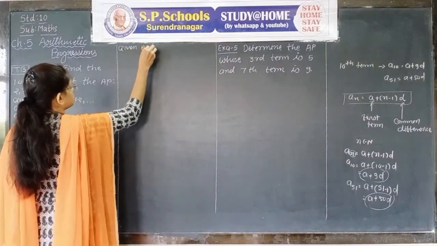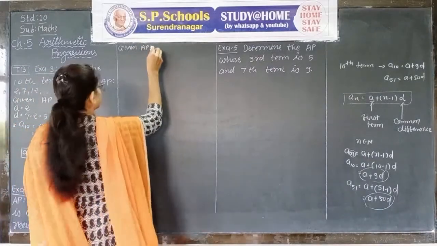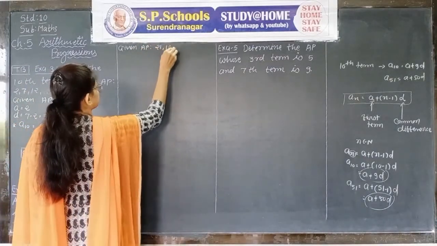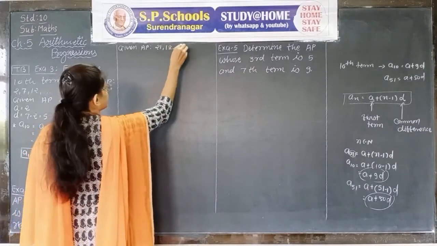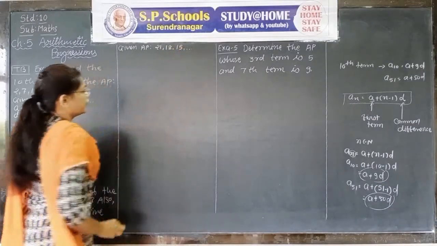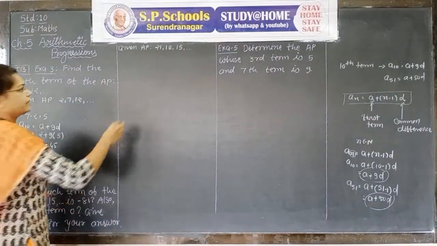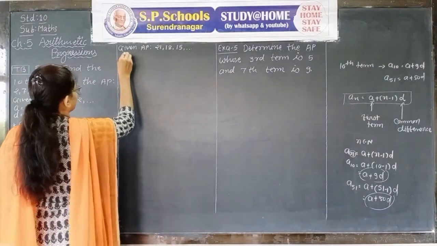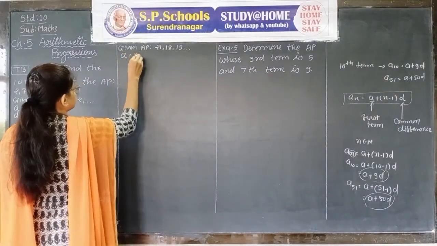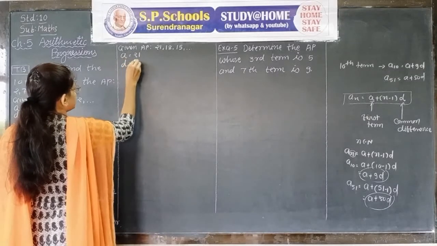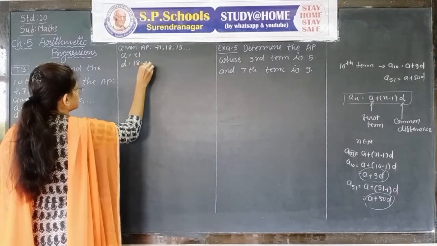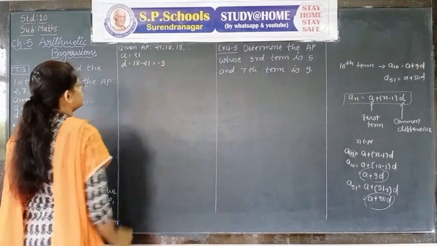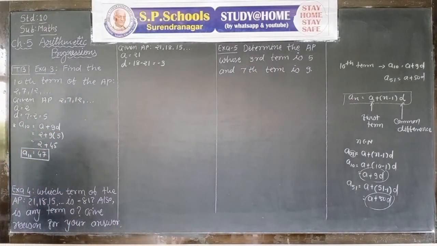Given AP: 21, 18, 15 up to infinity. Now from this AP we have to write the first term and the common difference. First term a is equals to 21. Common difference d is equals to 18 minus 21, which is minus 3.